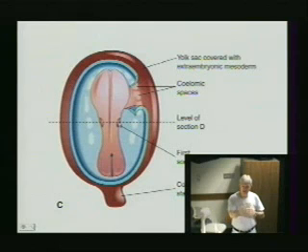Now we're going to see segmentation. So we've all seen earthworms, and we know how they're segmented.